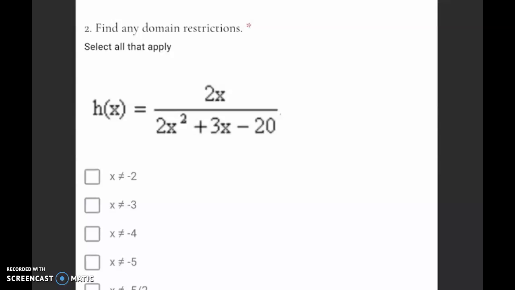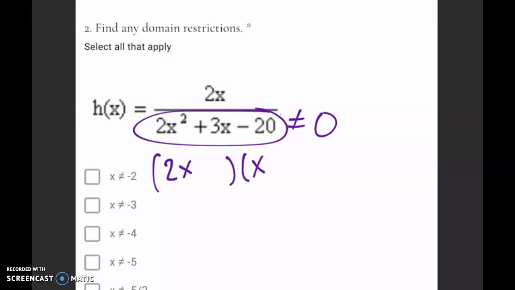Second problem. Now it's not a radical or a root. This is a fraction or a division. So we know that everything in the denominator, or at the bottom of the fraction, cannot equal 0. So let's factor this. It gives us 2x times x plus 4 minus 5.